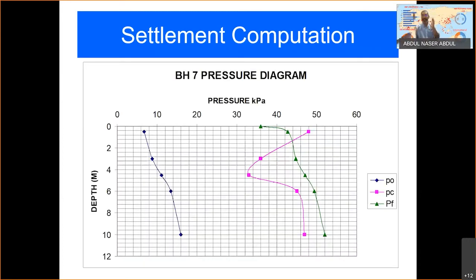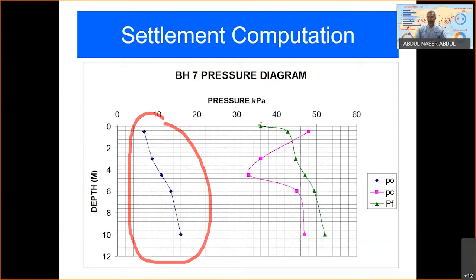This is where you look for the information in the report. Okay, this is the actual computation of a pressure diagram from an actual test, an actual project in Penang, in the mainland. All right. You can see over here is the present P naught, the present pressure, up to 10 meters below the ground without any project.